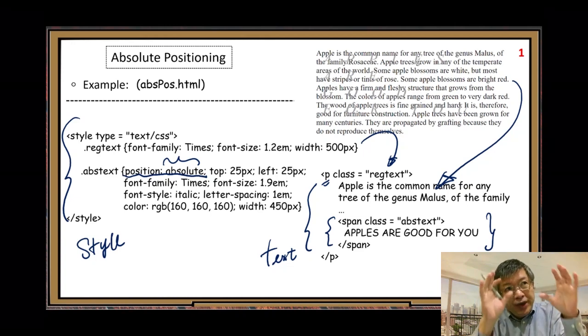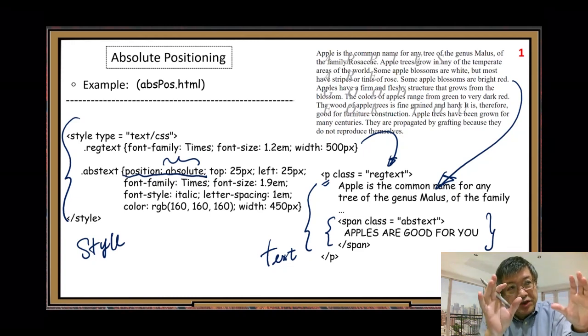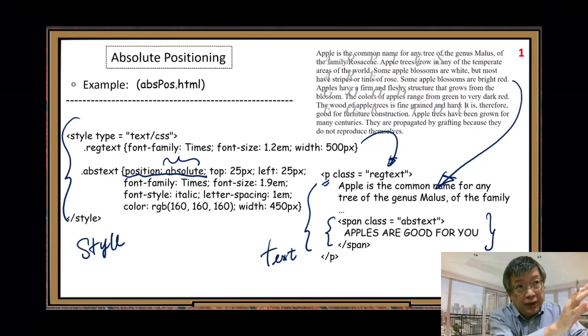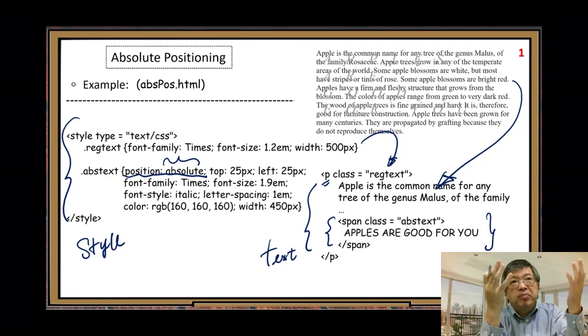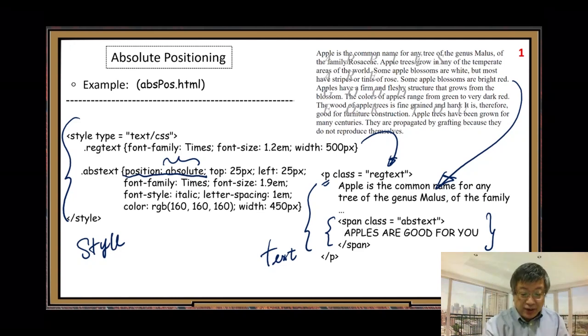But how do we use the absolute positioning based on the definition? When you use the absolute value for the position property, the current element uses this absolute position. Absolute with respect to what? You need to have some reference.